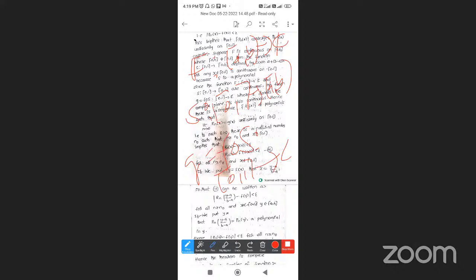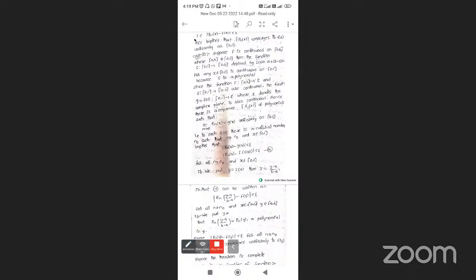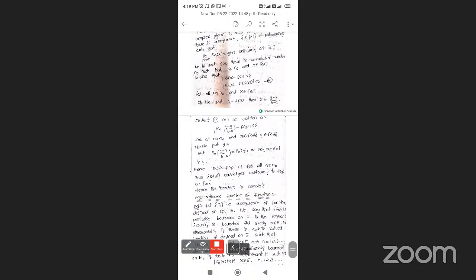Hence, there is a sequence Rn of x of polynomials such that the limit of Rn of x as n tends to infinity is equal to g of x, uniformly on [0, 1].